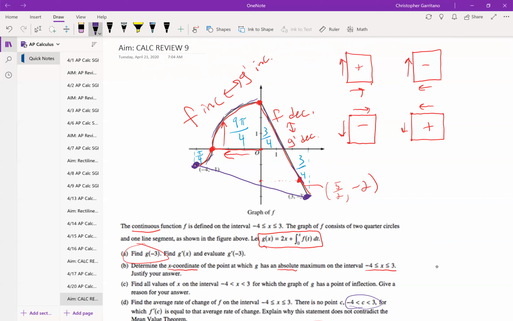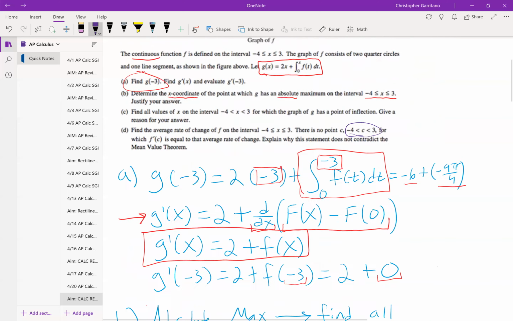And the mean value theorem says that as long as certain conditions are met, we can guarantee that there will be a tangent line slope equal to a secant line slope. But that obviously doesn't happen here. And why is that? Well, the reason is that at this point right here, this corner, f is not differentiable. That's at x equals 0.